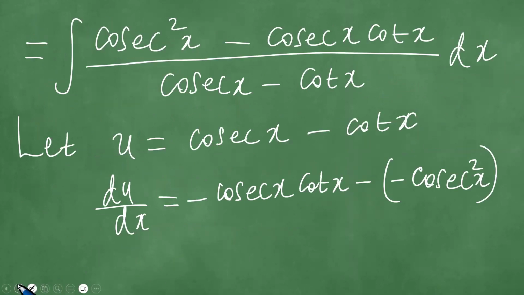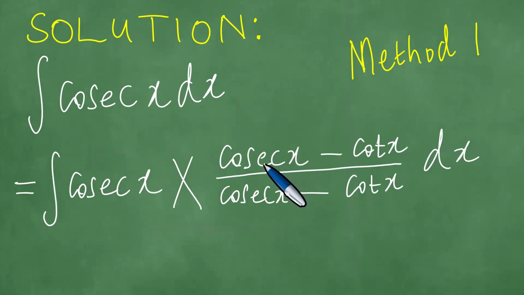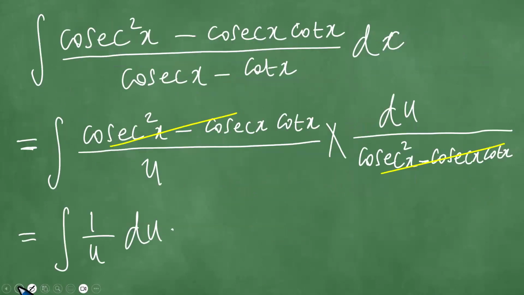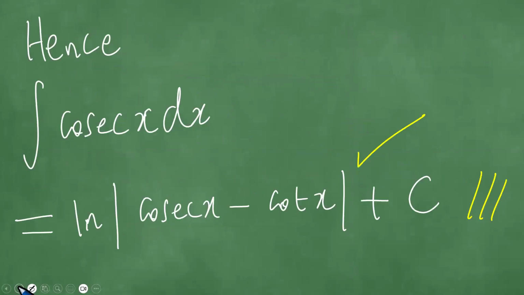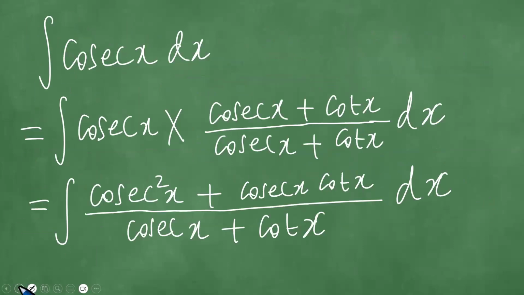Next. So in method 1, we multiplied by the cosecant of x minus the cotangent of x over the cosecant of x minus the cotangent of x. Okay, so next. Now we got a result. Here we have method 2.